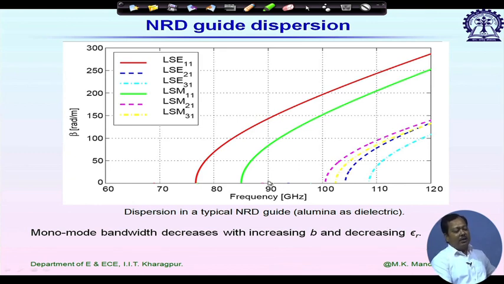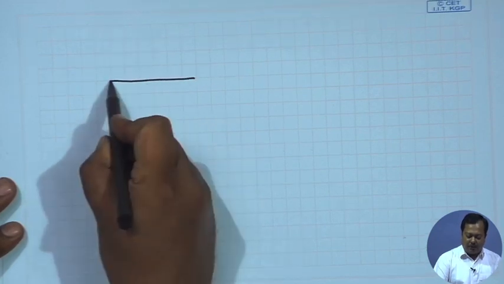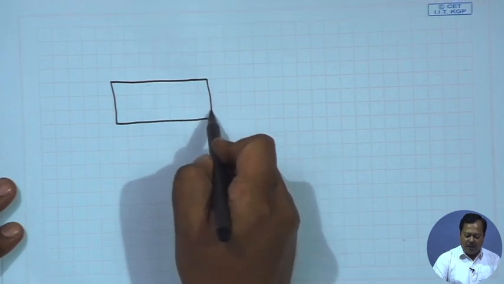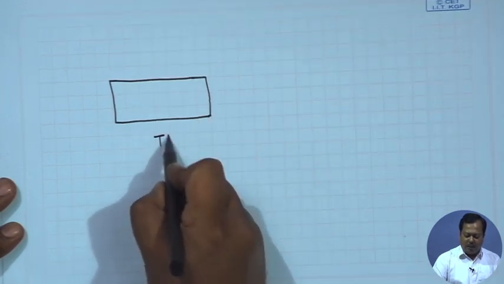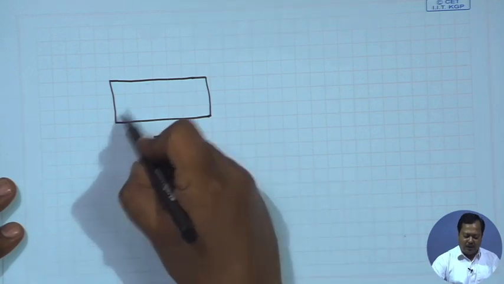Okay, let me explain the orthogonality in a little more detail. Again, we will be considering a rectangular waveguide, the very basic structure. We have a rectangular waveguide and it is supporting TE10 electric field configuration.